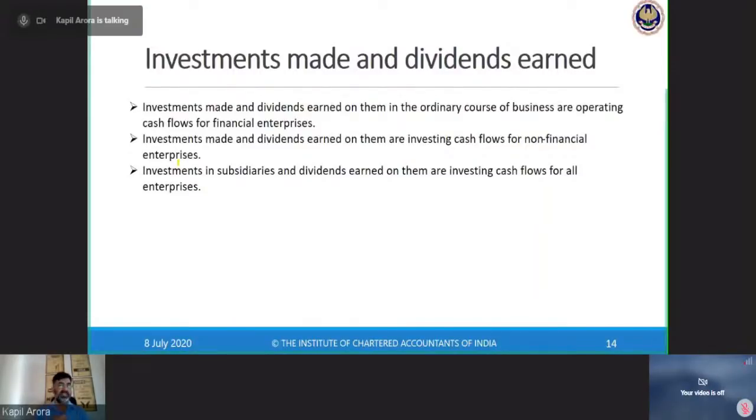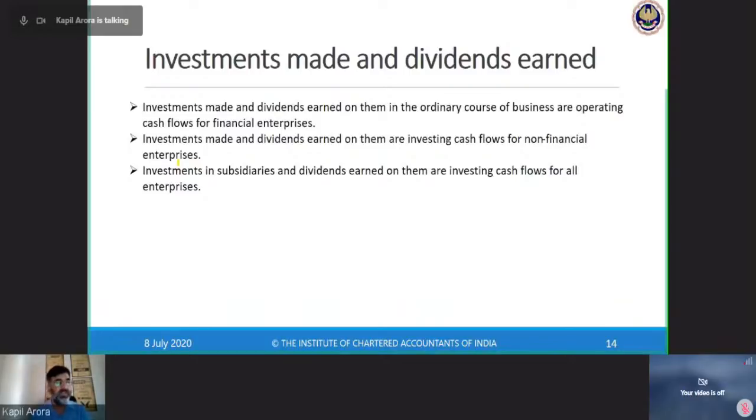As I mentioned, if I am interested just to invest money and earn the dividend from that, sometimes there is sale and purchase of the stock, the shares, right? I do share trading.